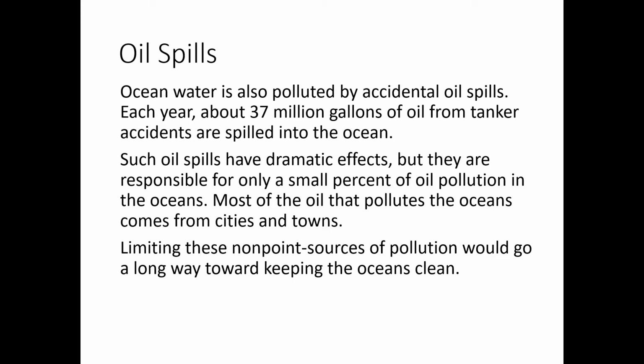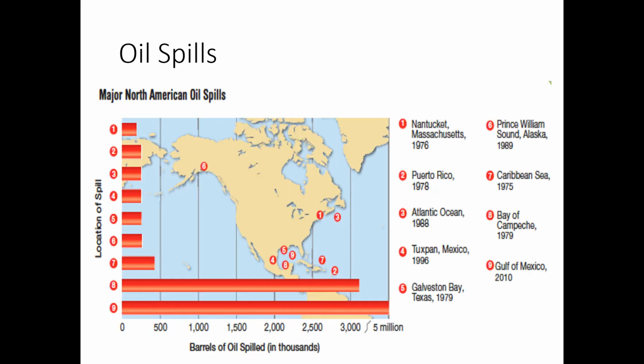So limiting these non-point sources is how you clean up the oceans. In other words, rather than trying to clean up the oceans directly, the idea is to limit the amount of pollution in the cities that line the coast, stopping it at its source.